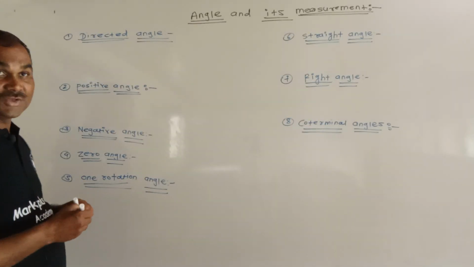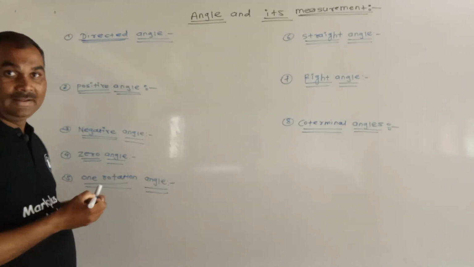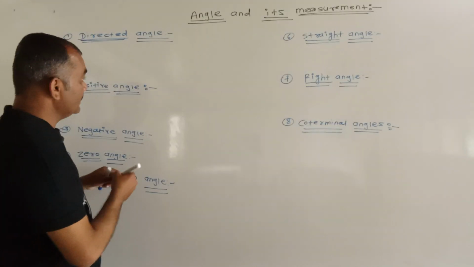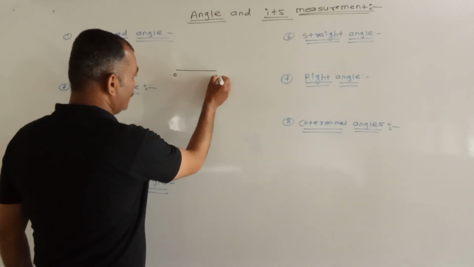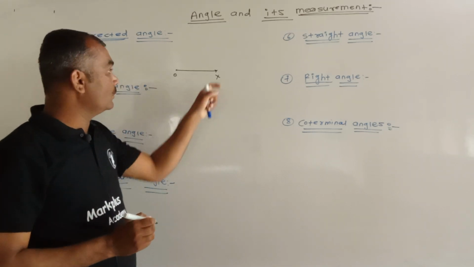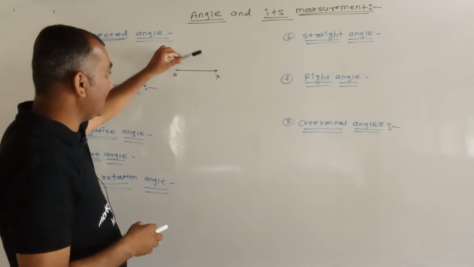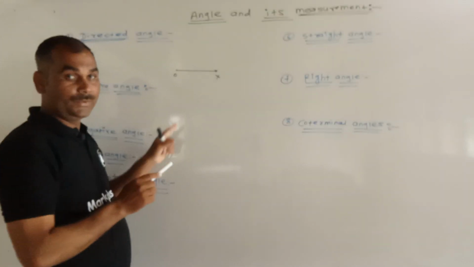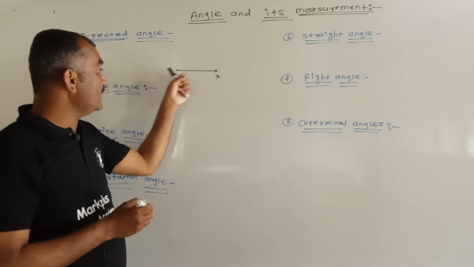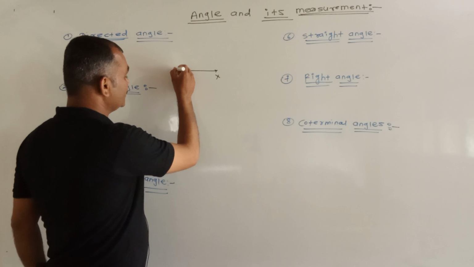Now the first definition of angle is directed angle. Suppose this is your initial ray. We call this ray OX. This ray starts from O and goes to X. This is your initial ray OX, and we have to rotate this ray about the point O, and we get some terminal position.